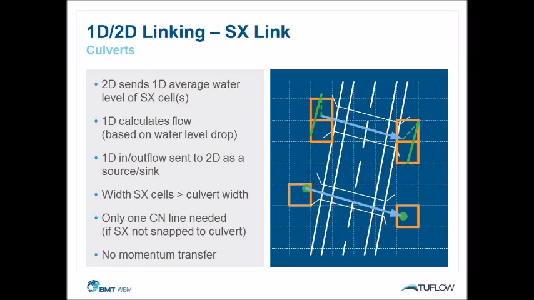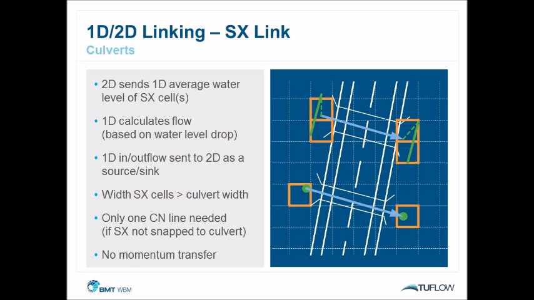So effectively what is happening with the SX link is that the average water level along those cells, in the diagram on the right, we've got a single cell SX link connecting a culvert in the bottom, and two cells on each side of the top culvert, which is a bit larger. The average water level, if there's more than one cell, is sent through to the 1D scheme, which then uses that water level or the drop in water level to work out a flow through the system.